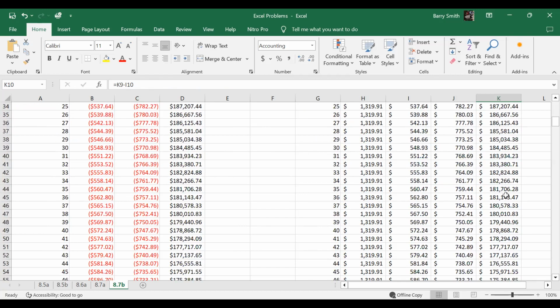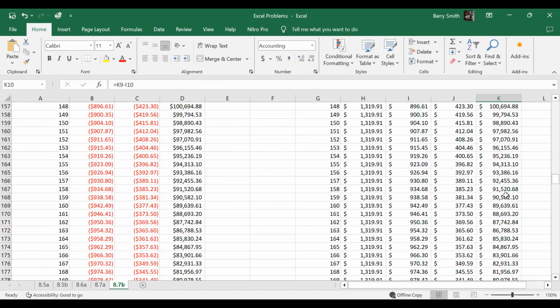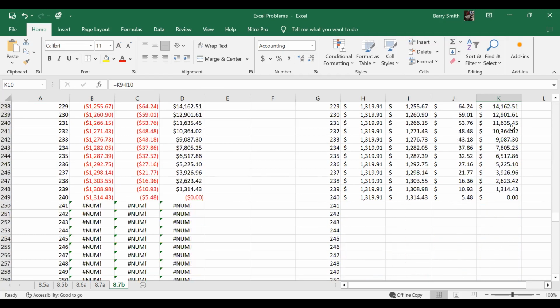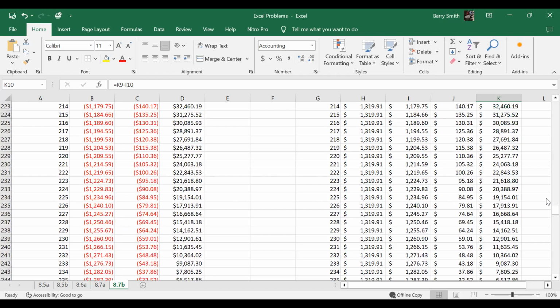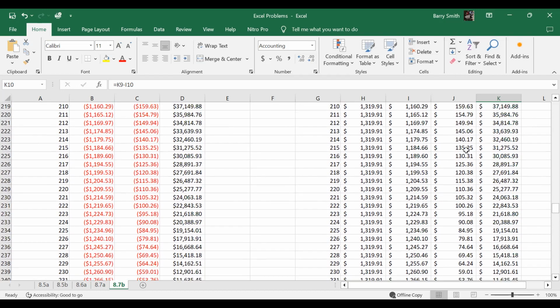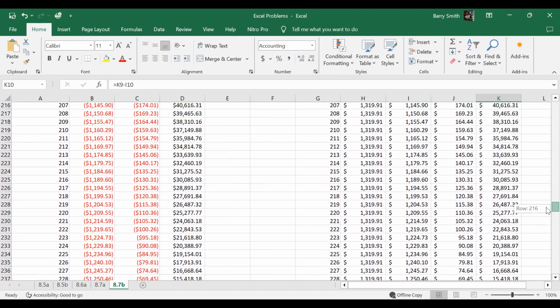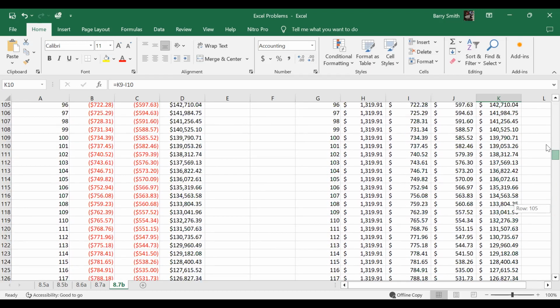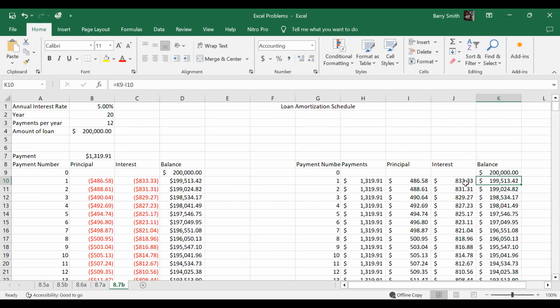And if we work our way down, we can see the amount of our loan is going down until we hit zero. Also, as we go down, look at column I and column J, or column B and column C. As one goes up, the other goes down. If we remember, our interest started out higher and our principal started out lower.